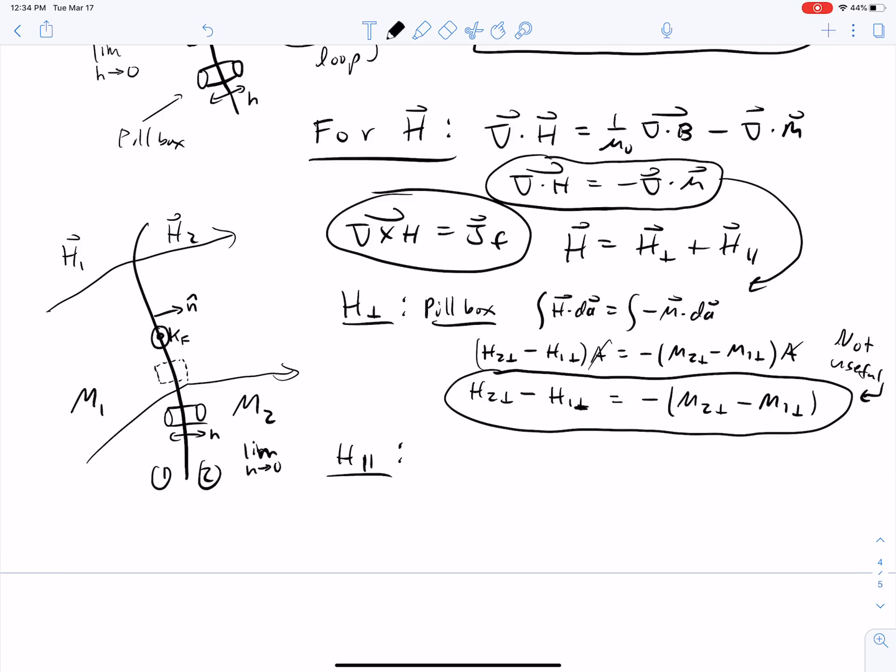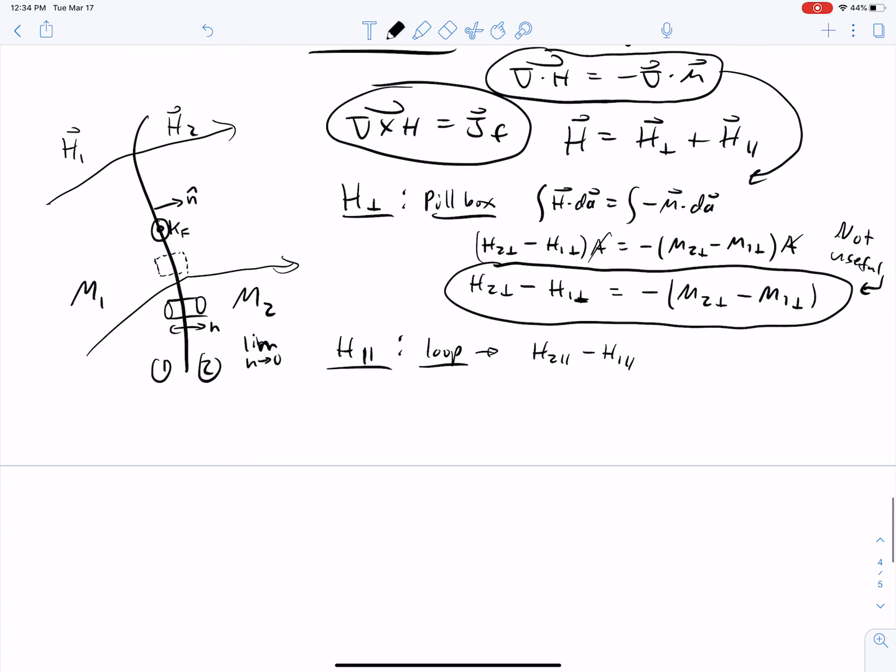Now we do the loop, and we see that when we do the Amperian loop, we're going to get H2 parallel minus H1 parallel times this loop, and this is the loop right here.